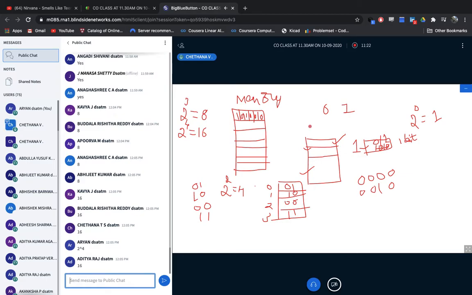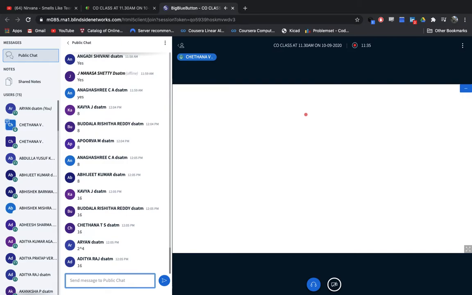Suppose in the first location, whatever data you store is said to be one word, right? So now, I'll clear everything so that I can write clearly. Suppose this is one word. What is this? One word.